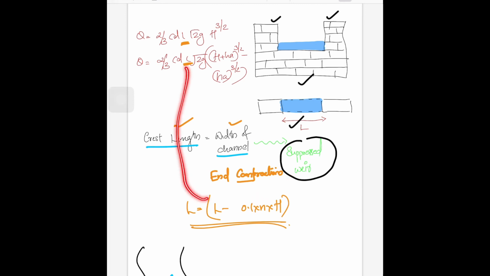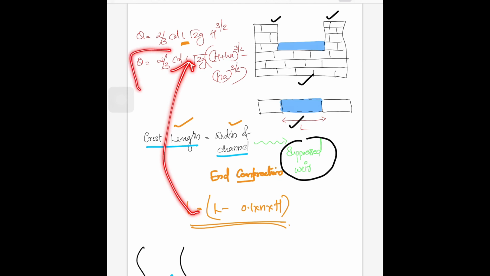You have to use L minus 0.1 N H over here. And if they have said that the weir is not suppressed, and you have to use velocity of approach also, those are two different concepts, the velocity of approach and end contraction. Then you have to add this equation also, and you have to use a bigger equation. I have already given that equation in the class.